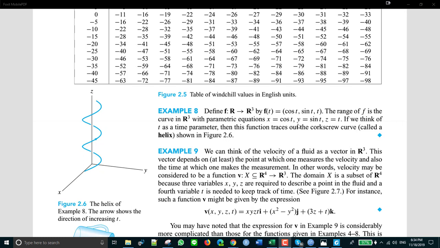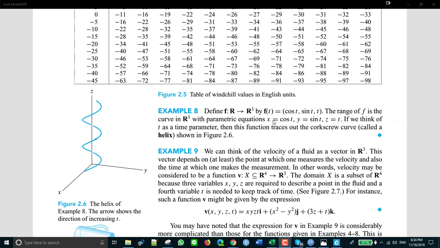So basically, you know that cosine t, sine t gives you a circle. So you just be spinning around in a circle as t increases. When t starts out at 0, the cosine is 1, and the sine is 0. And then as t increases, the cosine gets smaller and the sine gets bigger, and so on. But anyway, you're moving in a circle as t increases.